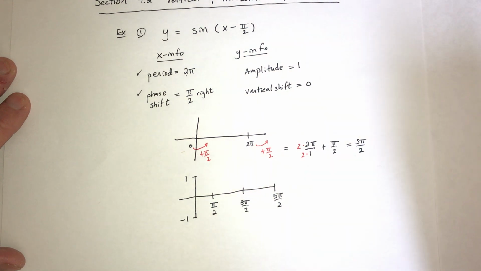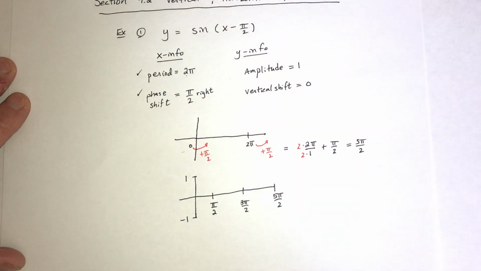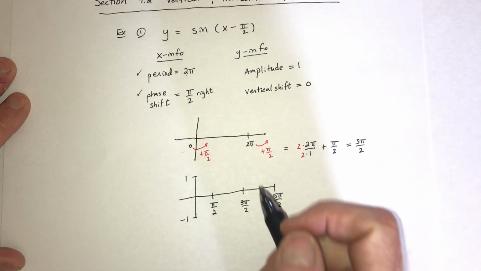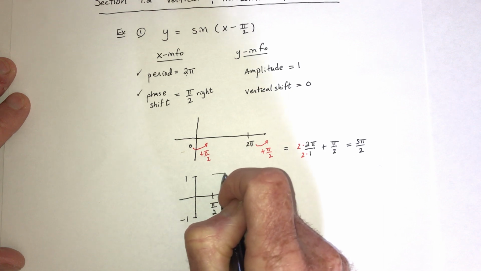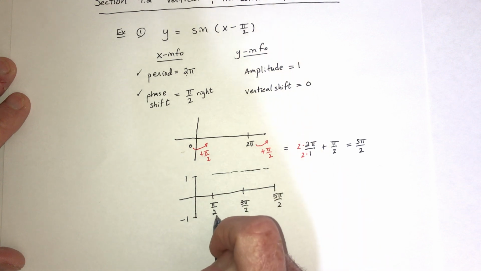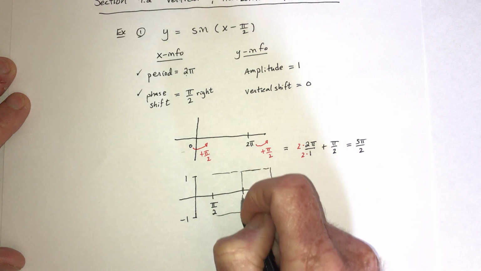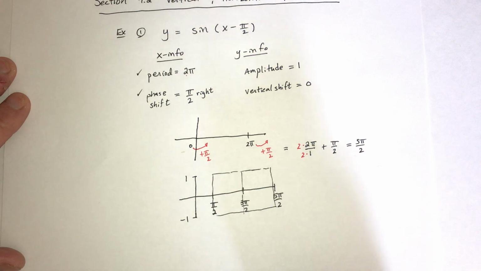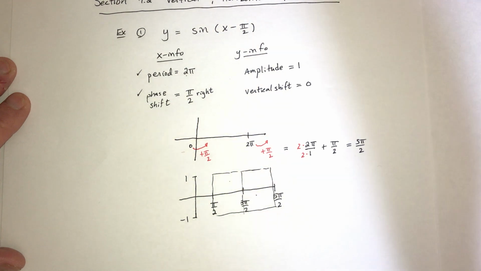And then draw the graph. So this one is sine. Sometimes to help me graph, I'll just lightly in pencil make a box. So draw a line straight across, and then divide it into 1, 2, 3, 4 rectangles.